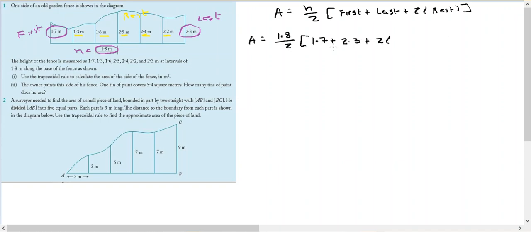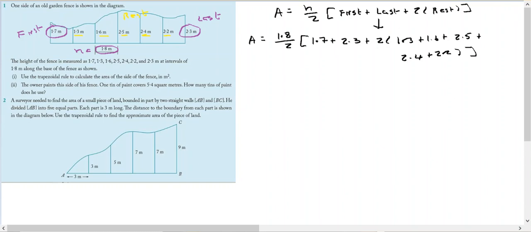That's 2 times everything else: 1.3, 1.6, 2.5, 2.4, and 2.2. So we've just taken this formula and substituted in all of our values.